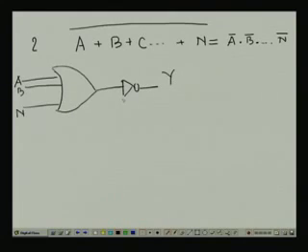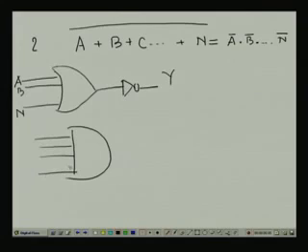What will be the right hand side? Right hand side will be an AND gate, again all inputs are inverted, again this will be y. So, these two are same.